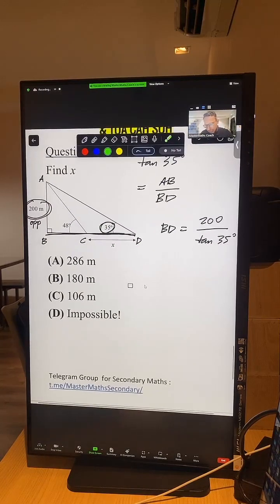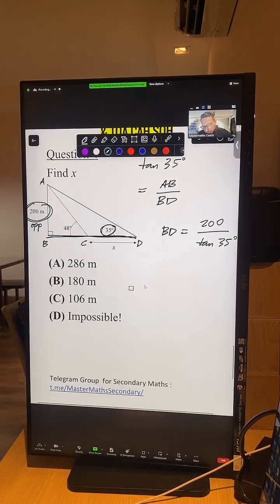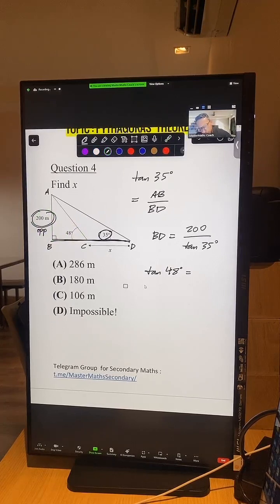Okay? So I will go and try and solve BC. So BC, same thing. I will use tangent. But now it will be tangent 48 degrees. Okay? Tangent 48. So tangent 48, again, this is my angle. This is my opposite side. This is my adjacent side that I'm interested in now, BC. So tangent 48 will be AB over BC.